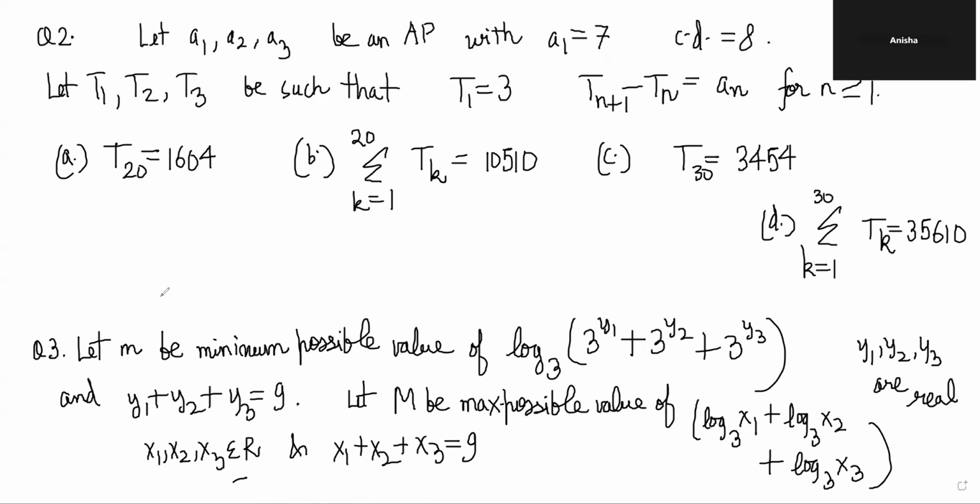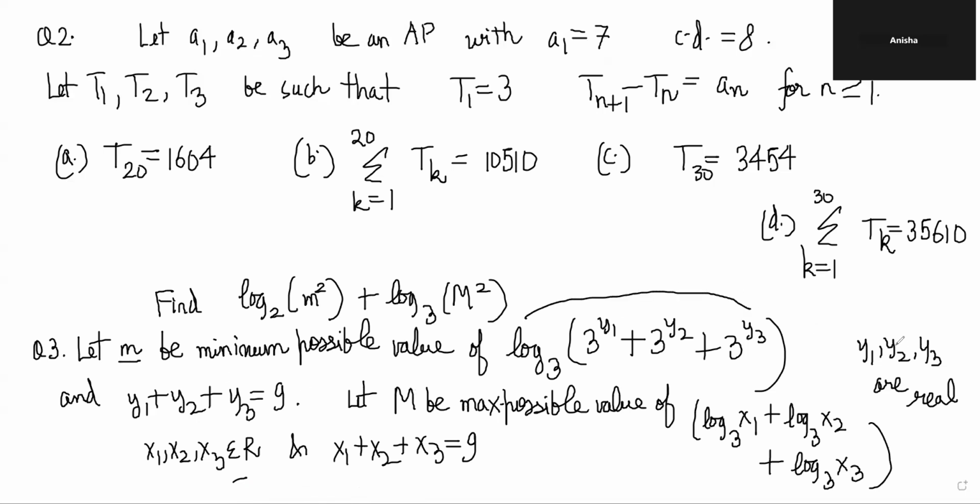In question 2, finally you have to find log base 2 of small m square plus log base 3 of capital M square. Small m is the minimum possible value of this expression under these restrictions, and capital M is the maximum possible value of this expression under similar restrictions.